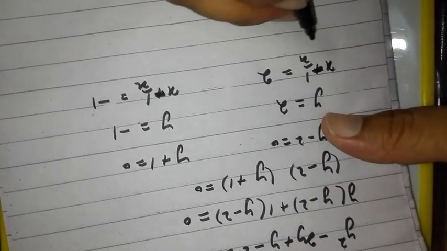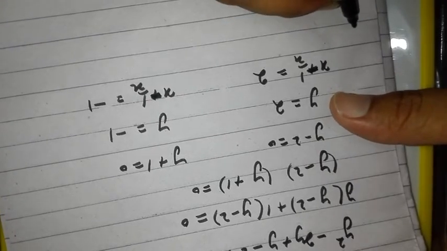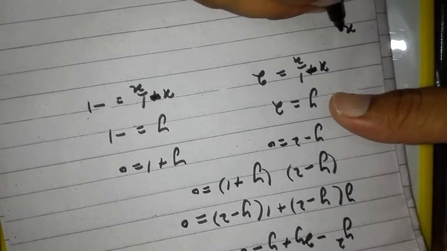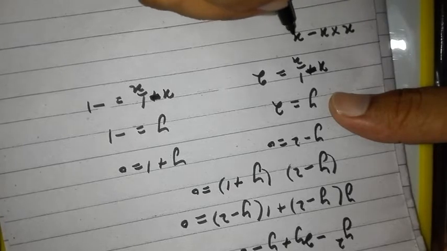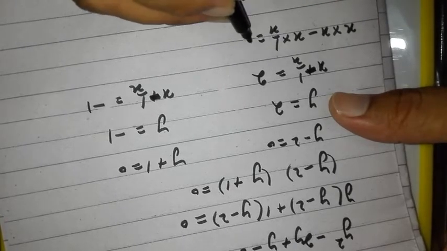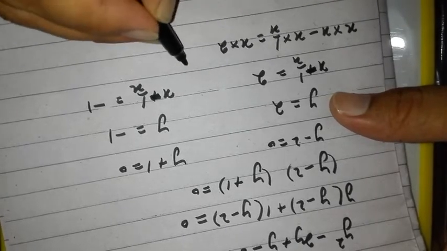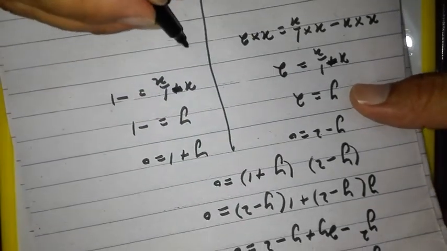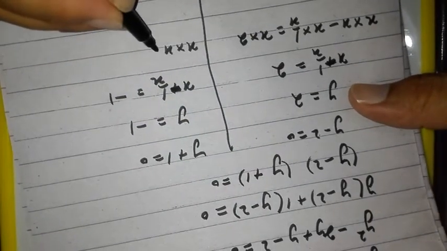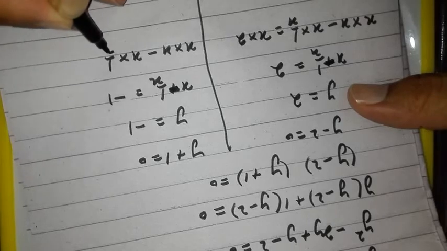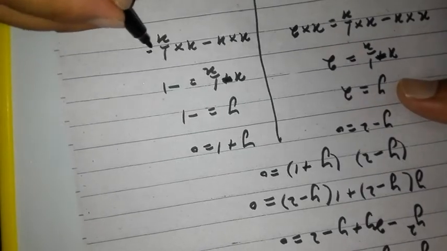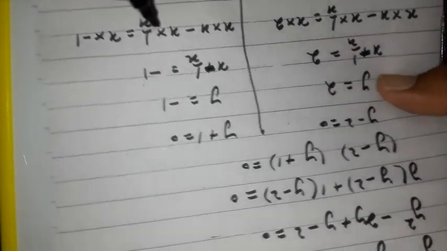Now multiplying both sides by x, here we get x into x minus x into 1 by x equals to x into 2, and here x into x minus x into 1 by x equals to x into minus 1.